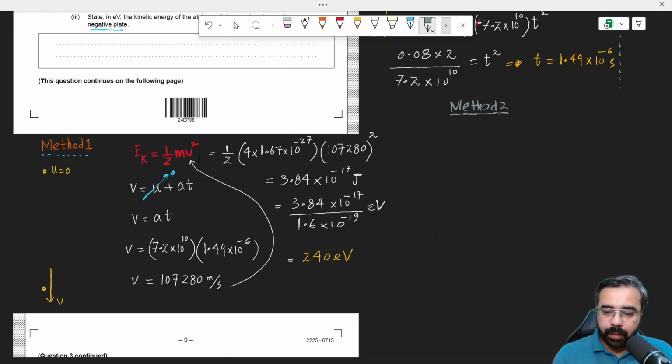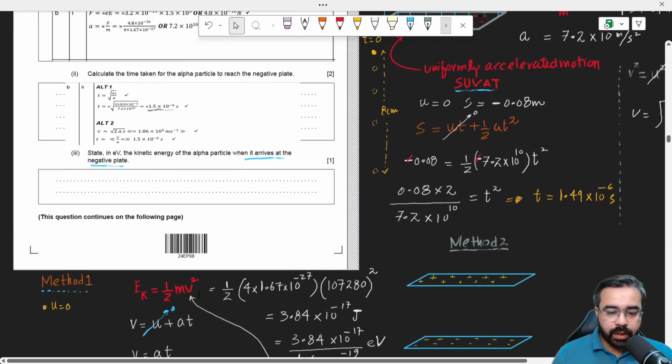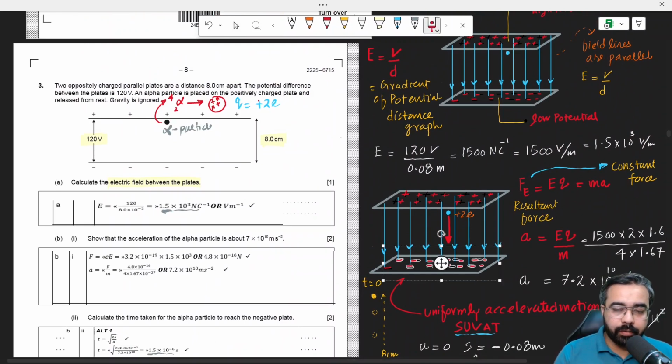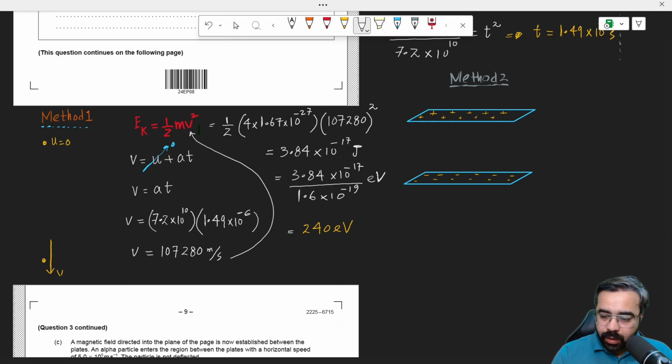If you see the diagram, from where the alpha particle is released, it is released just from this point, very close to the plate. This positive charge carrying alpha particle, plus 2e, is so close to the positive plate that at this point, don't you think it has gained the maximum electric potential energy?